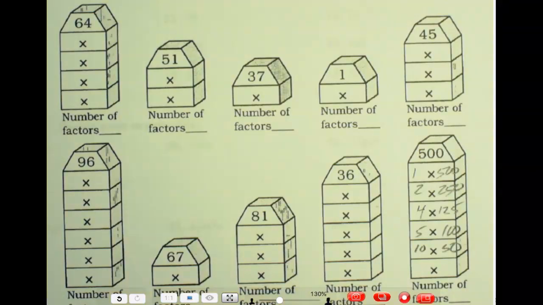Let's see, 14 goes into 420, but it doesn't go into 80, so it won't go into 500. 15 goes into 450, but it won't go into 500.